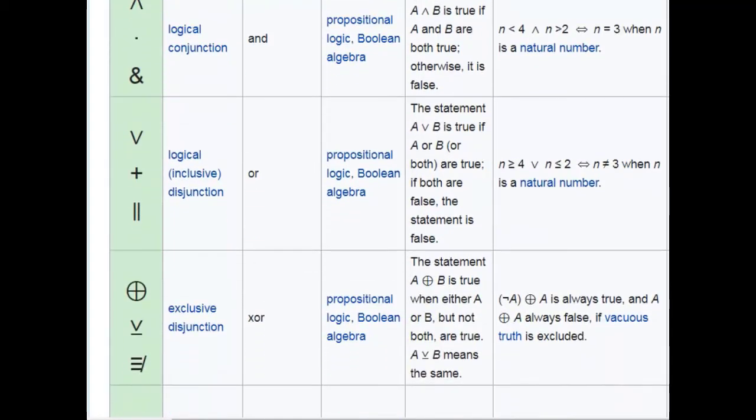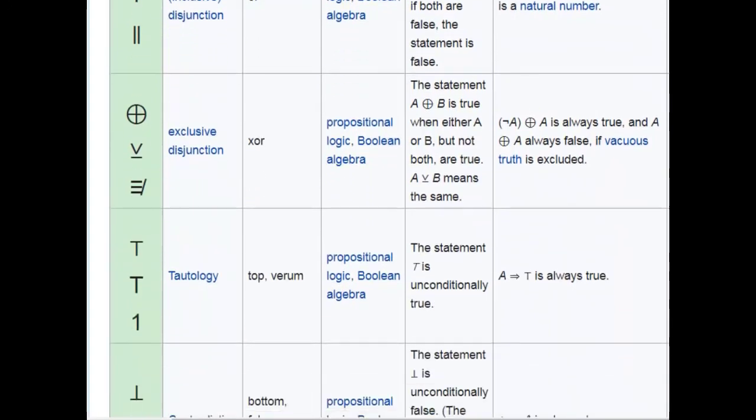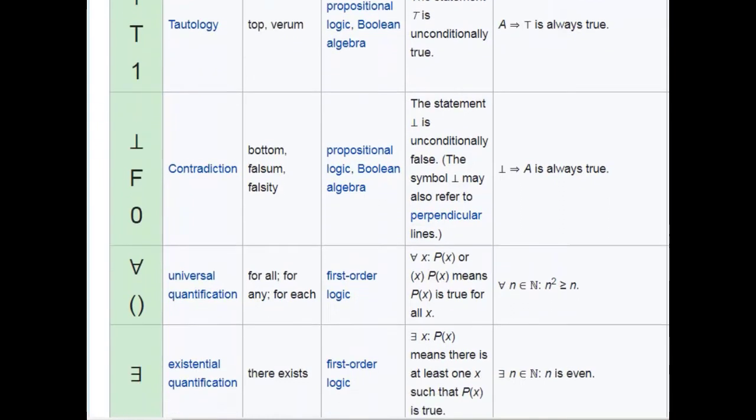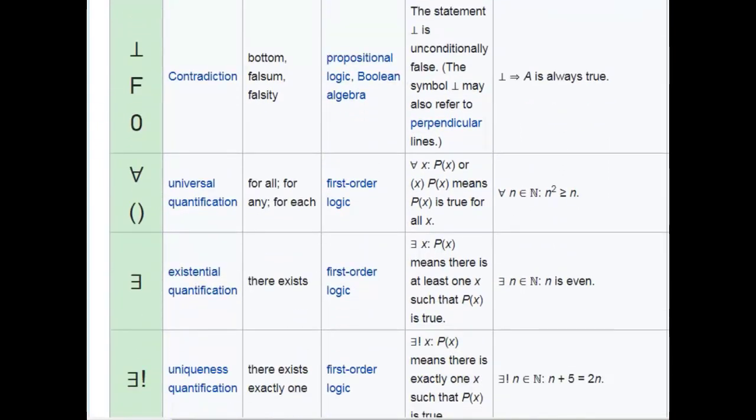And now the next main one, it is the symbol of "for all". The first one we usually use. Universal quantification we call it. We read "for all", or "for any", or "for each". For example, for all x, P(x).